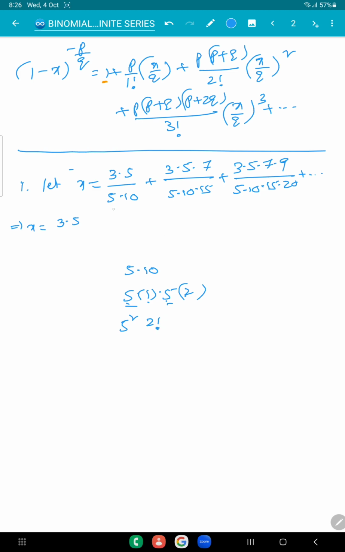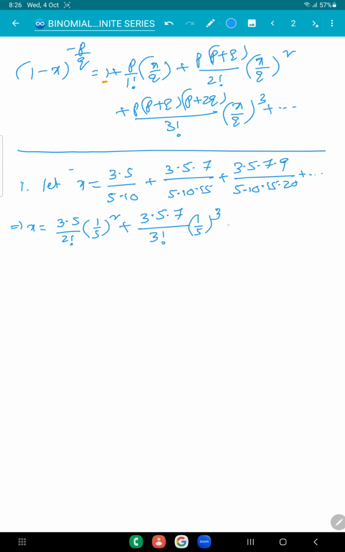So I am writing 5 into 10 as 5 square into 2 factorial. 5 square means (1 by 5) whole square. Similarly, in this term, 3, 5, 7 by 3 factorial into (1 by 5) whole cube, plus and so on.